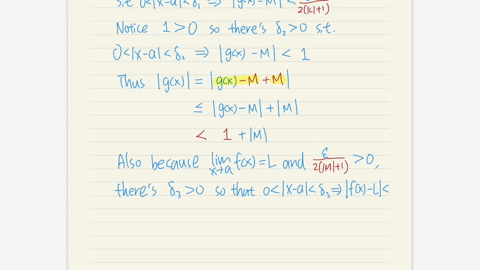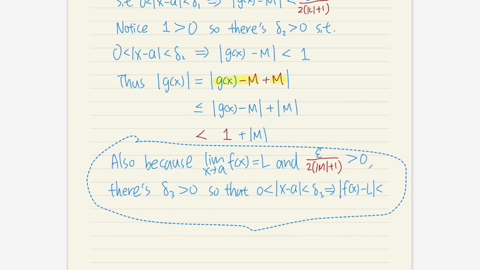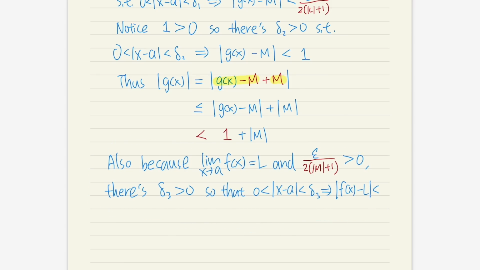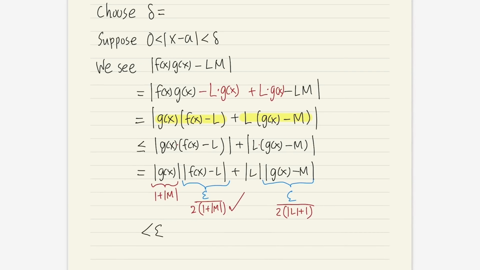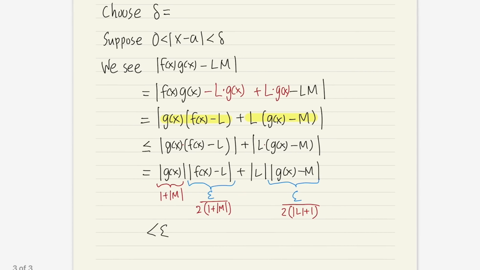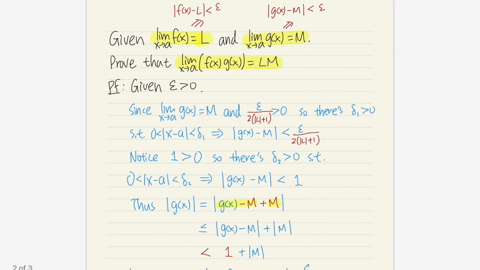So I'll just squeeze this in a little bit, which is epsilon over 2 times the absolute value of m plus 1. And now, with this statement written down, this right here is legitimate. Yay. So now, let me just read what we have so far for you guys.